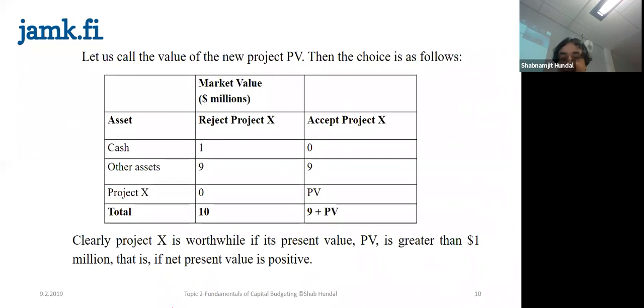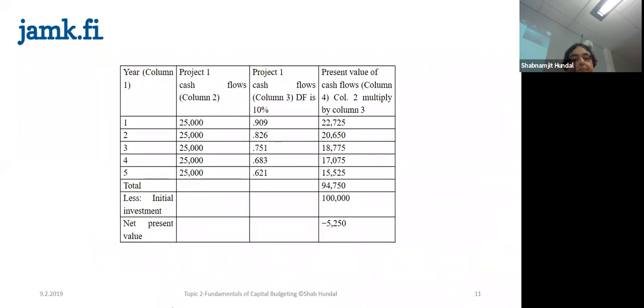For example, if you look at this example here, you are estimating that this project life is 5 years, and let's say the project will cost you 100,000. If you don't undertake the project, your cash will be 100,000. Nothing is spent. But if you spend this money, then the cash would disappear, but the project value will come.